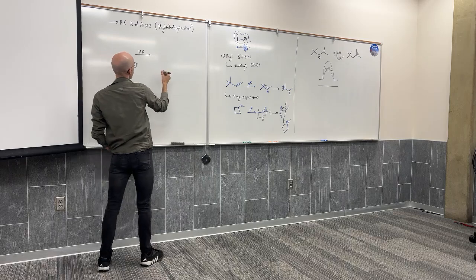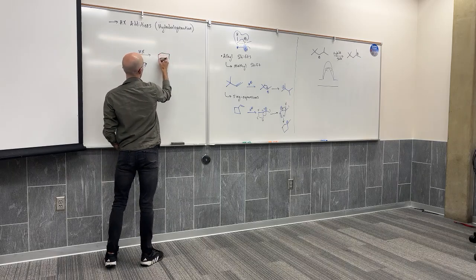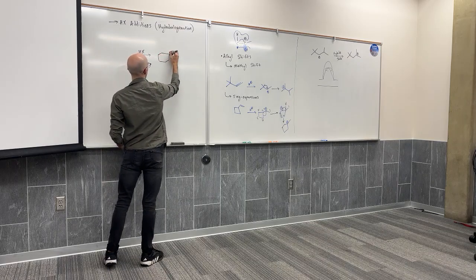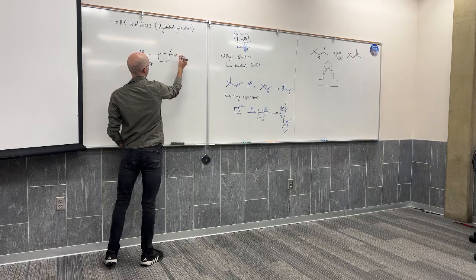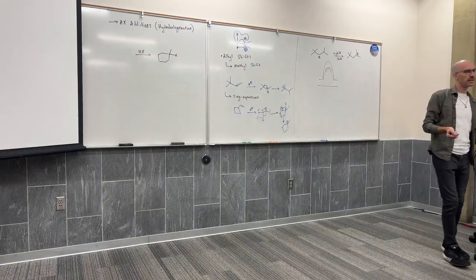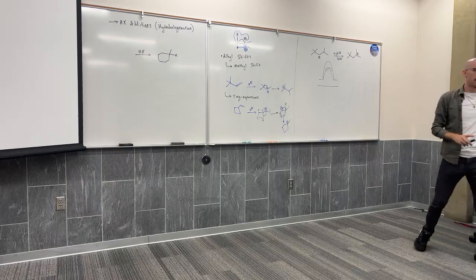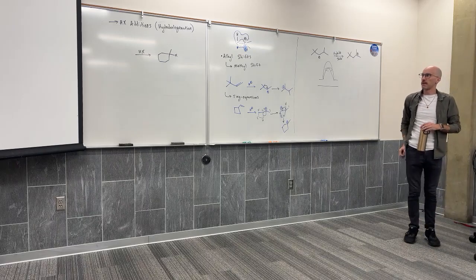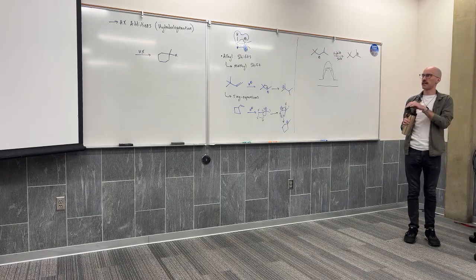I'm going to start here with just HX. I'm not going to say what X is, but it could be Cl, could be Br, could be I. And I'm not going to show us what the starting material was yet either.